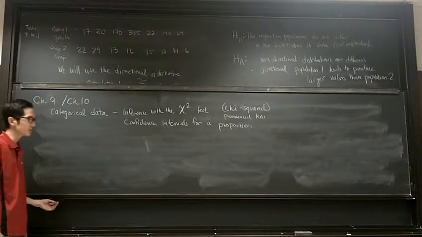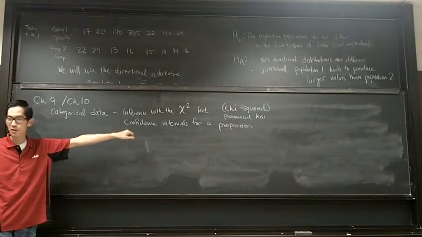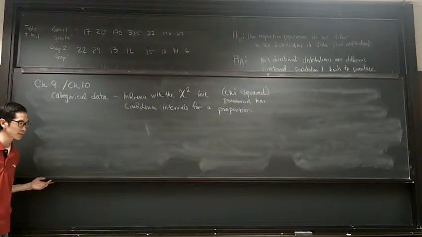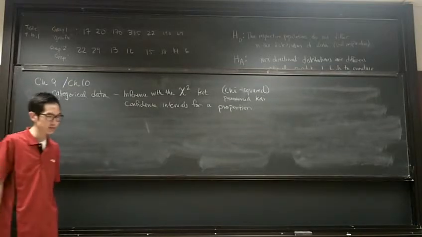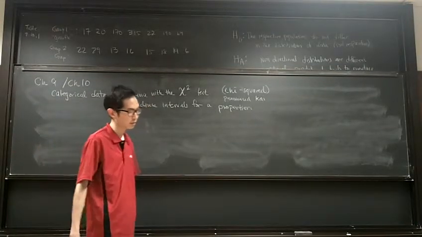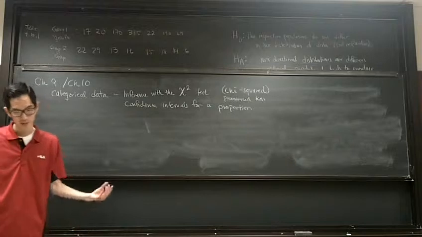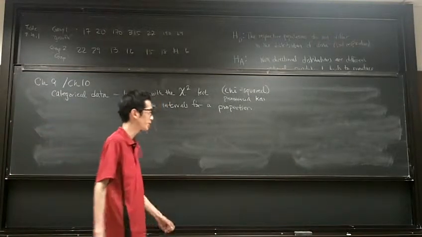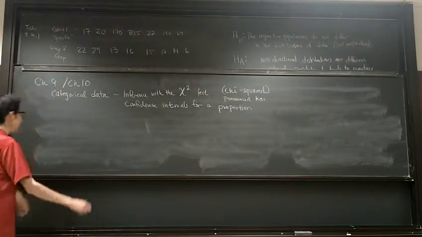Our book does something unique when dealing with confidence intervals for proportion. I think most introductory statistics classes just create a confidence interval in a simpler manner. Our book does something slightly unusual, but it's not too hard.